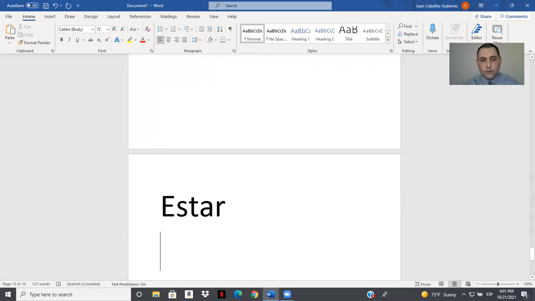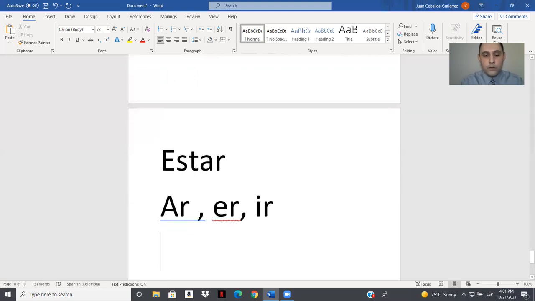Every verb that finishes in AR, ER or IR is called a verbo en infinitivo, an infinitive verb. So estar is an infinitive verb because it finishes in AR.